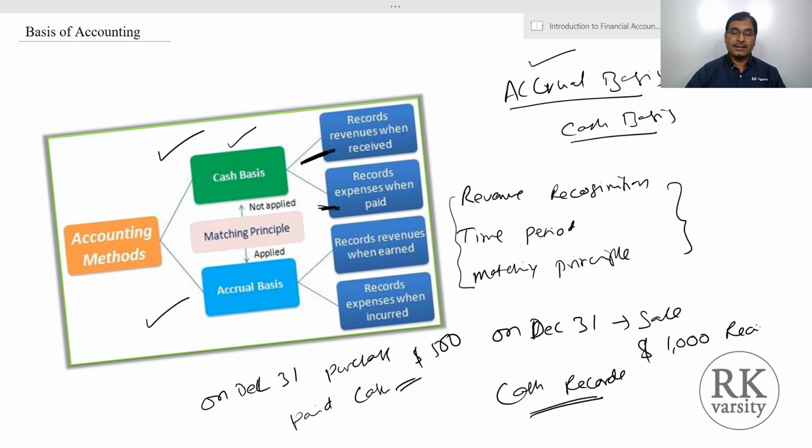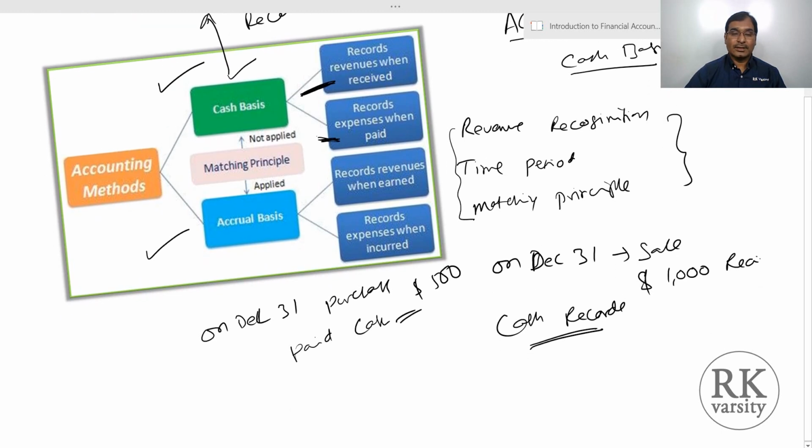In this case, the cash is to be paid or received. In simple terms, when it is paid or when it is received, then only it is entered in the cash basis of accounting.